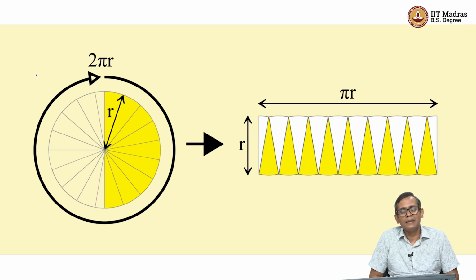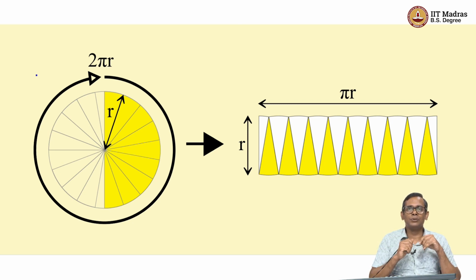Now this is a very beautiful and clever way of computing the area of a circle, but firstly it only works for a circle. And secondly, there's this little confusing thing: okay, it does look almost like a rectangle.